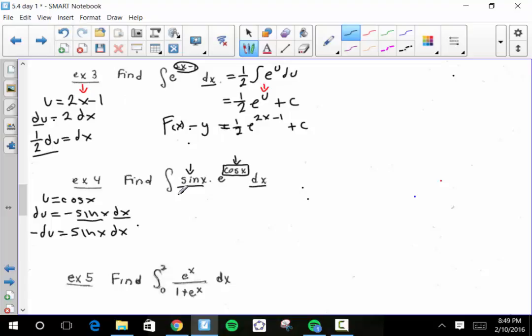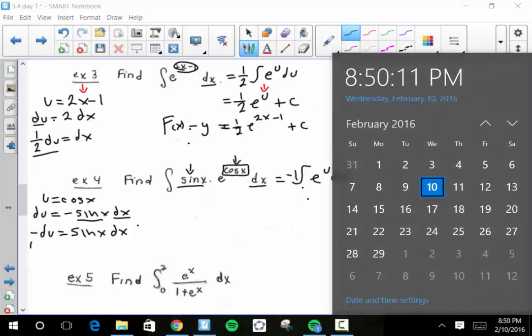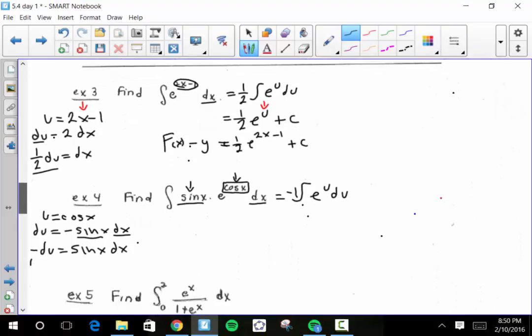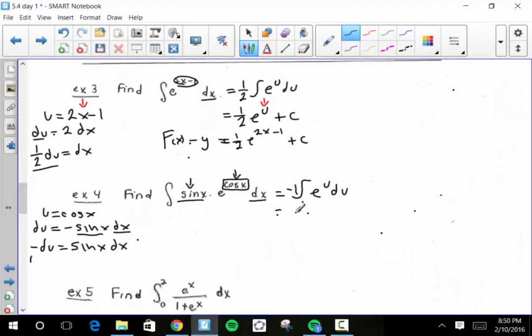Okay, and now I'm all set to rewrite this, right? I can say this is equal to the integral with a negative 1 in front, from this right here, of e to the u du. And from looking at my formula up here, the integral of e to the u du is e to the u plus c. So this is equal to negative e to the u plus c.